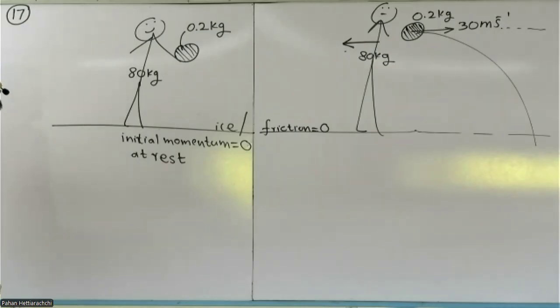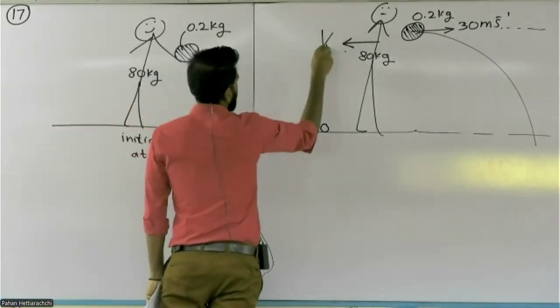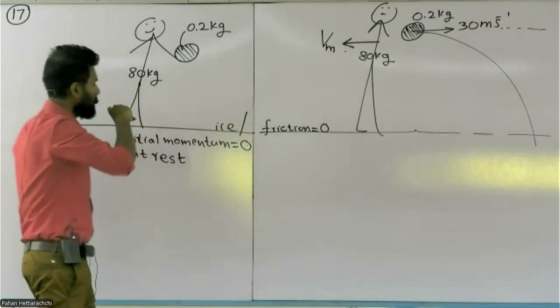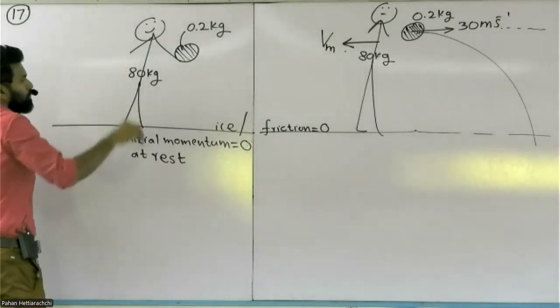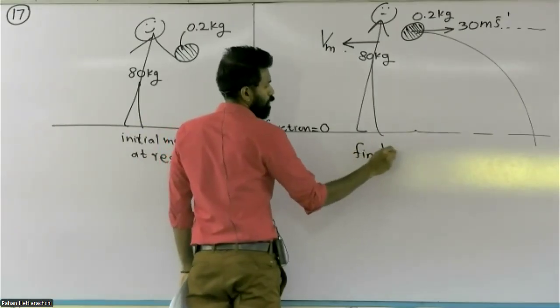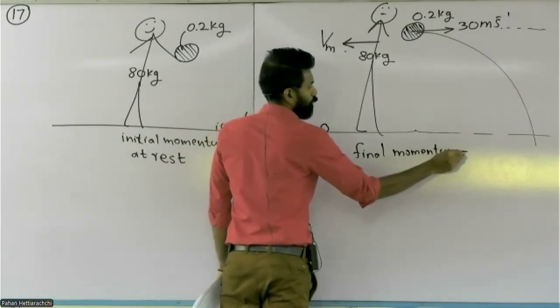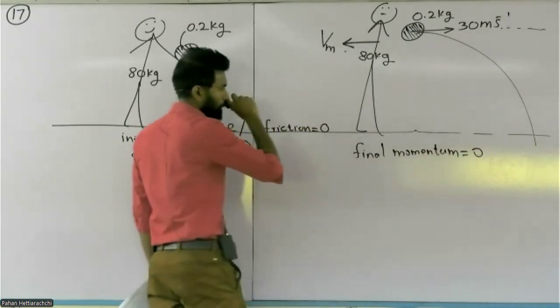So to conserve the momentum, the 80 kg man will gain a velocity in the opposite direction. Let's say V. Initially, the system is at rest, so the initial momentum is zero. So the final momentum should also become zero.